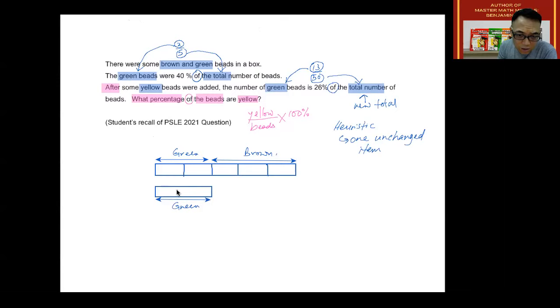So if this is 13, 1, 2, 3, 4, 5, 6, 7, 8, 9, 10, 11, 12, 13, and on top we have 2 boxes, then one of the skills to learn in modeling is that these 2 boxes should make this into 2 units. Okay, so this goes back to being 2 units.